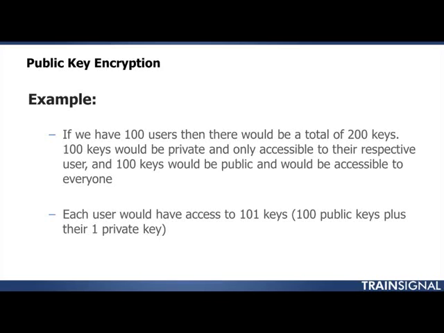In the case of 100 users using public key encryption, since there's just a pair of keys, there's only a grand total of 200 keys. 100 of the 200 keys would be private and only accessible to the individual users, and the other 100 keys would be public and accessible to everyone. Those are the 100 that would be stored out in that box somewhere. So what that means is each user has access to a grand total of 101 keys: the 100 keys that are in that public box, and then the one private key that's in their pocket.